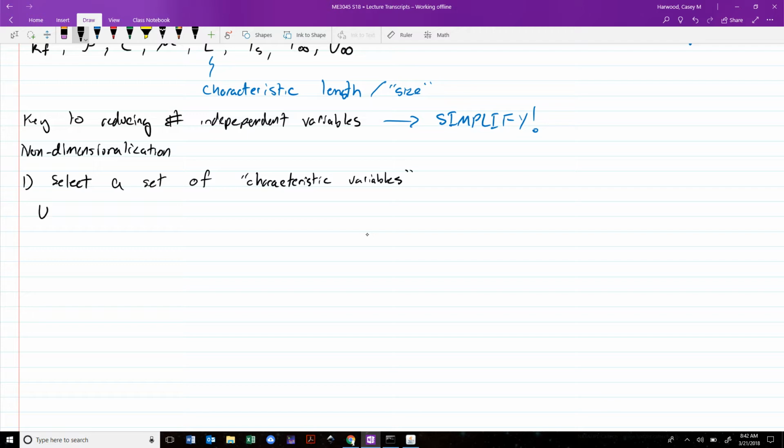So things like the free stream velocity, things like the surface and free stream temperatures.